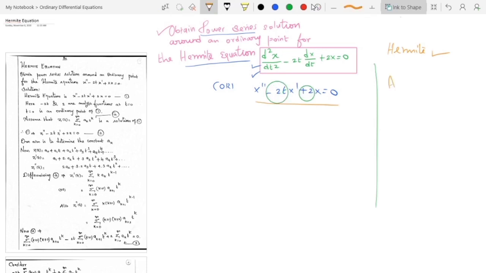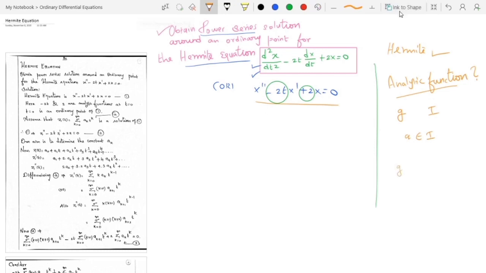So what is an analytic function? A function g defined on an interval I is said to be analytic at a specific point a belonging to the interval I if it can be expressed as a power series.